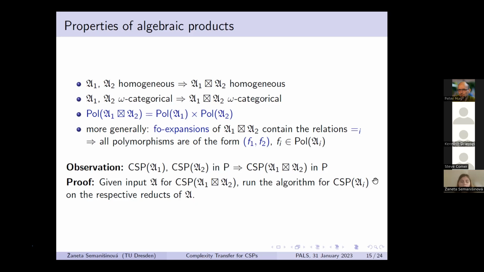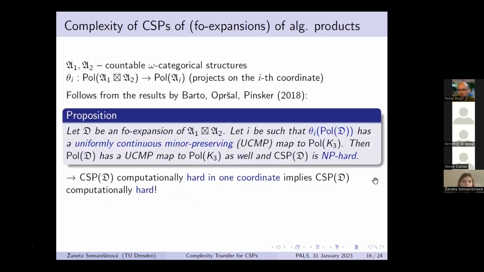If both answers are yes, then the answer is yes, and otherwise it's no. So for just the product, it's pretty simple. And the question is, what happens if you expand with first order relations? What could go wrong? On the hardness part, it's already resolved.